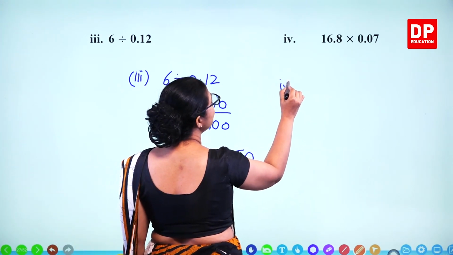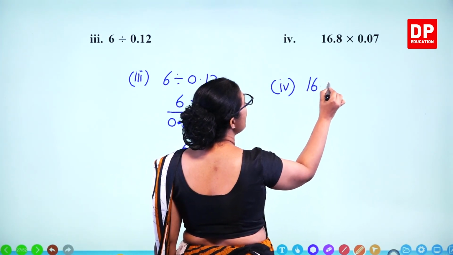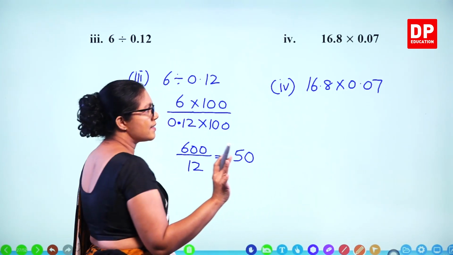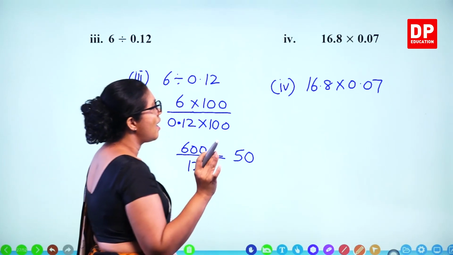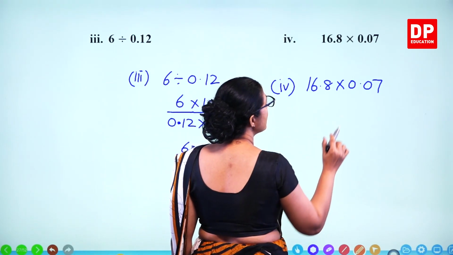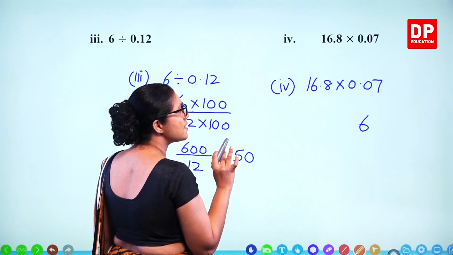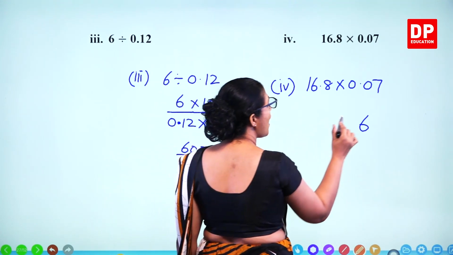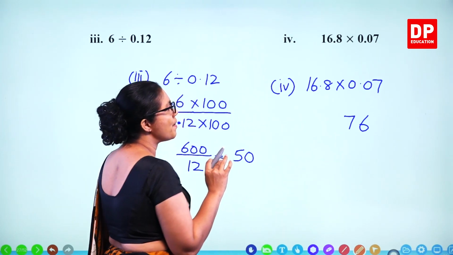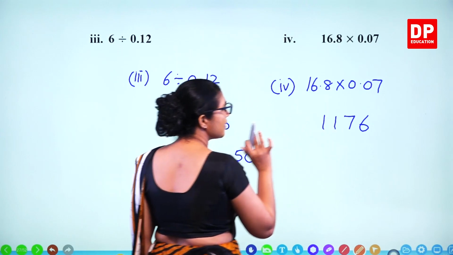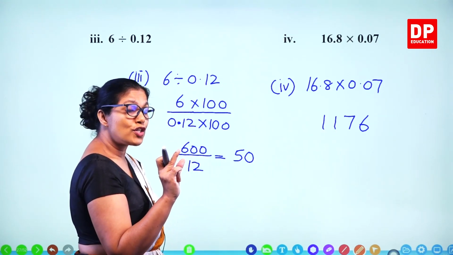Part 4. 16.8 into 0.07. Ignore decimals. First multiply. 168 into 7. 7 times 8, 56. 5 remaining. 7 times 6, 42. Plus 5, 47. 4 remaining. 7 times 1, 7 plus 4, 11. That's the multiplication. Then what you do?